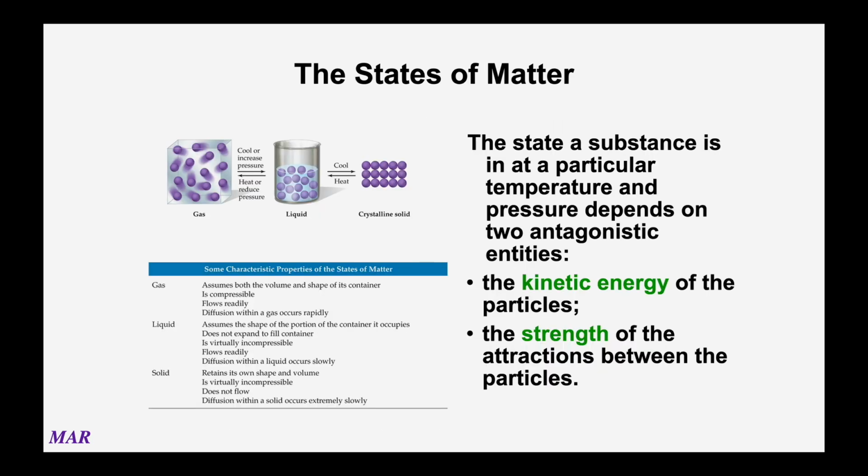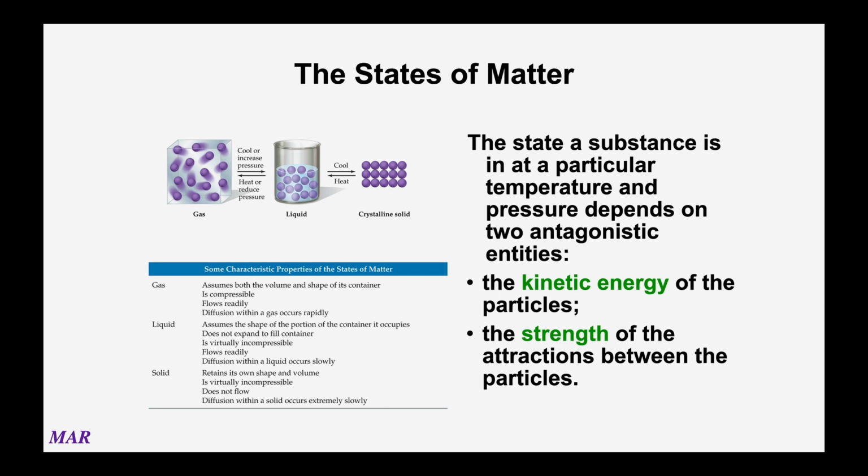When it comes to solids versus liquids versus gases, there are two things we have to really think about to understand why some compounds are more likely to be a solid, say at room temperature, than a gas. It comes down to the kinetic energy of the particles, like how much energy is inside each one of them. And it also comes down to the strength of the attraction between the particles. Like we said, solids are held a little closer to each other, and gases basically have no interactions with each other.